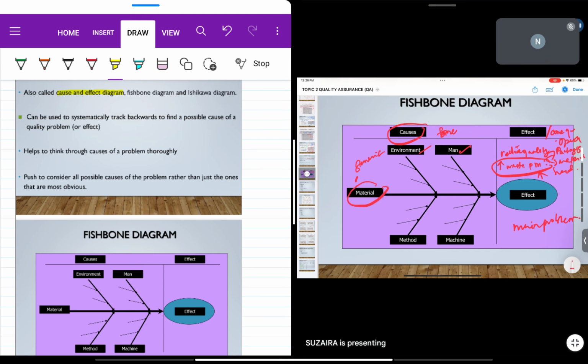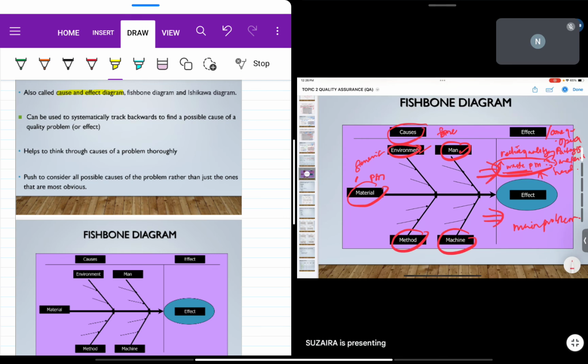And then you have material, for example, just now we have packaging material. If you want to talk about how to reduce the waste of the packaging material, you have method, the machine, and then maintenance of the machine. These things are considered the main causes that contribute to this problem.